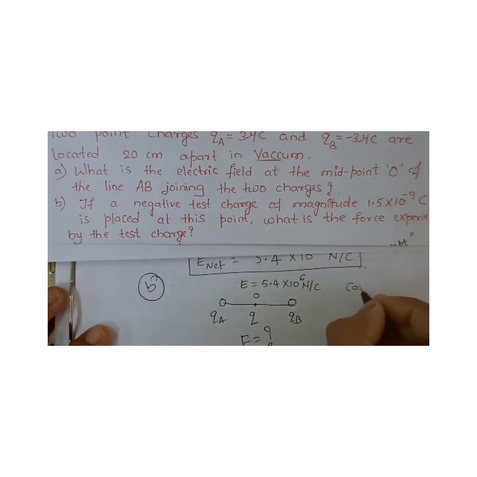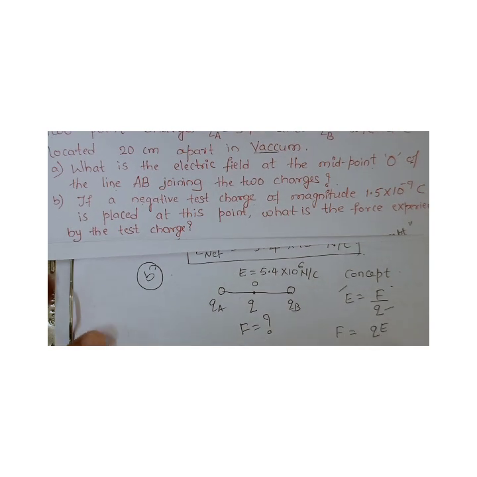The concept used here is very basic, the electric field definition, the literal meaning of electric field. Electric field is force per charge. Now you know the electric field and the negative test charge, so can you find F? F equals Q into E. Is that clear?